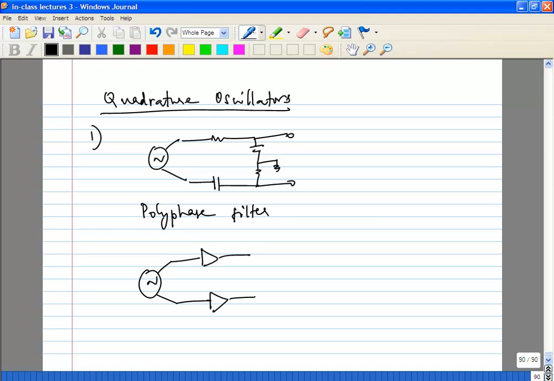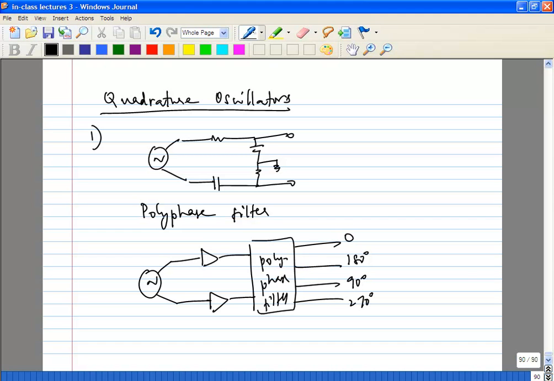So you will always want to have buffers, and then you would have the polyphase filter, and this will give you 0, this will be your I and Q differential. Then what else? What other ways do you know? So of course the polyphase filter is going to look like this.